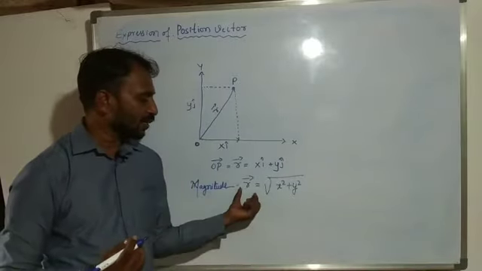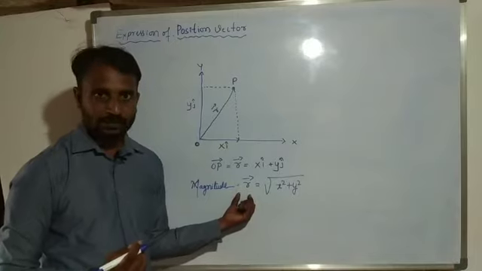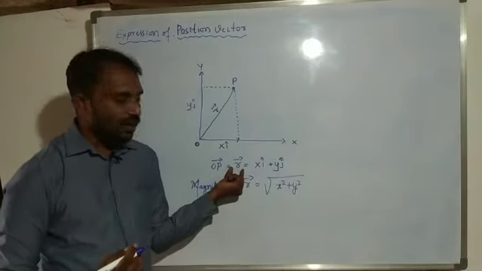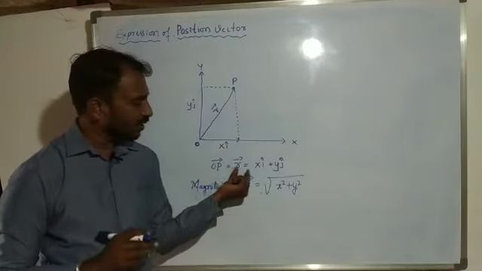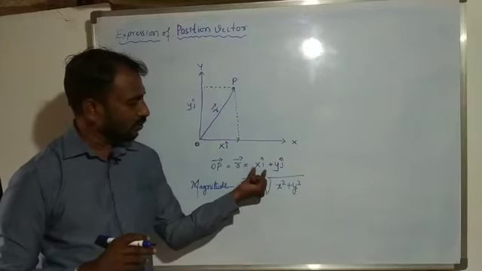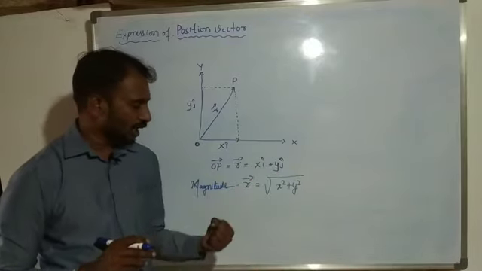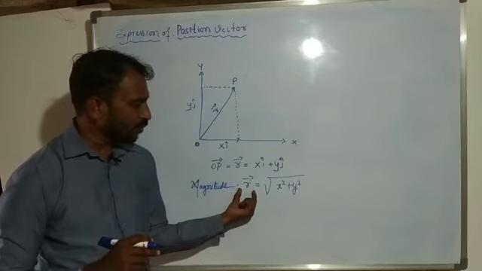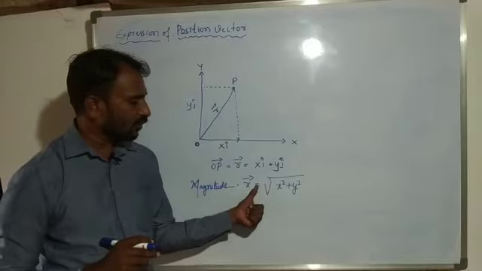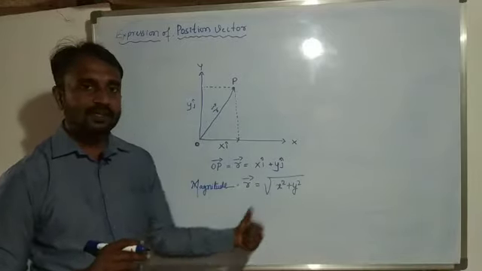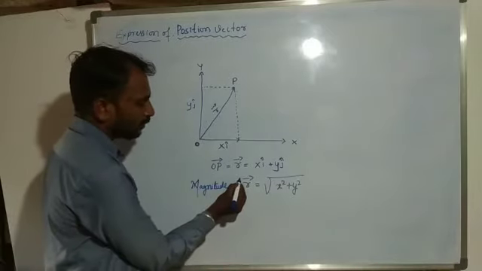So this one is the magnitude of this position vector. Vector R is equal to x i cap plus y j cap, and its magnitude is the whole root of x square plus y square. You already know that.